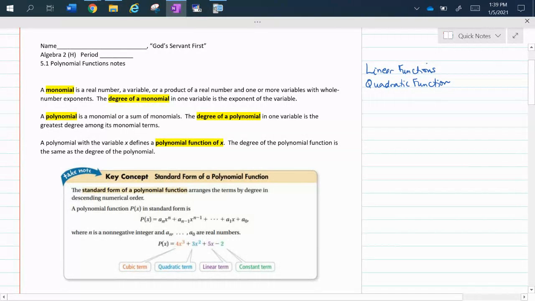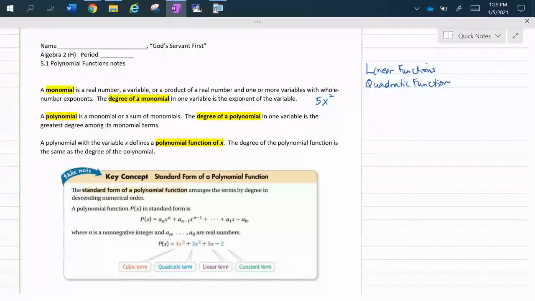So an example of a monomial would be 5x squared. A polynomial that has one term, mono means one, is called a monomial. 5x squared would be our example. A polynomial is a monomial or the sum of a bunch of monomials.